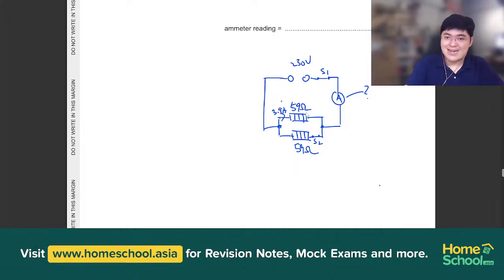Now, since there are two identical heaters, this current over here should also be 3.9 amperes.